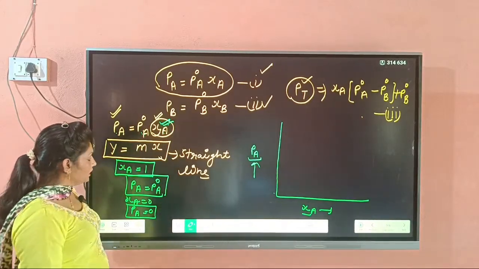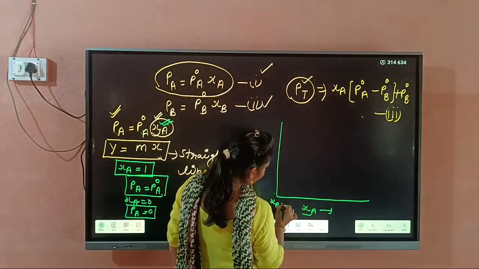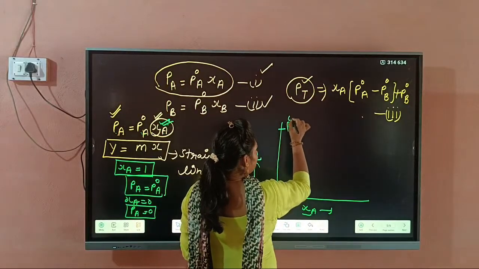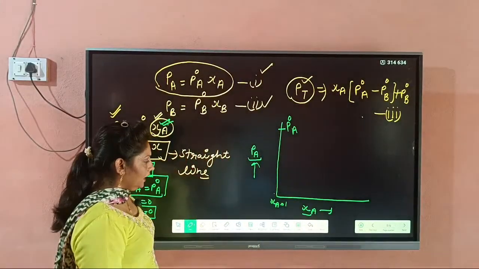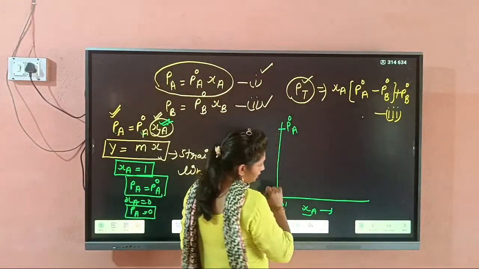Okay, students. So here we can take value of XA is 1. What is the value of partial pressure? It is P naught A.